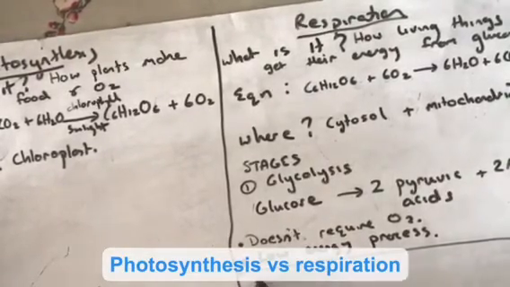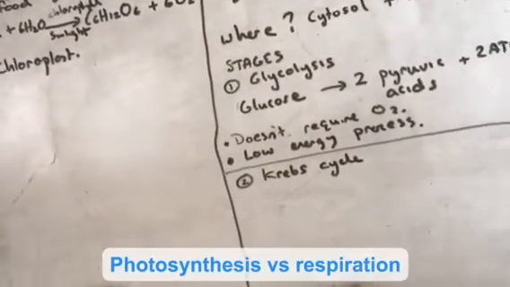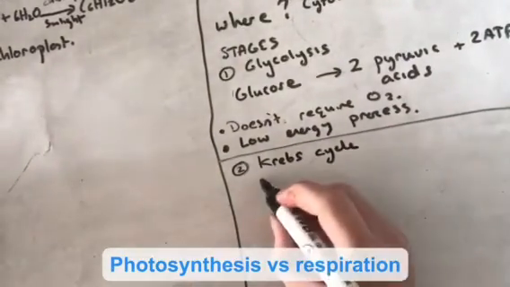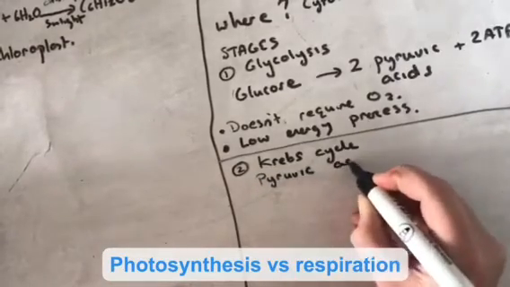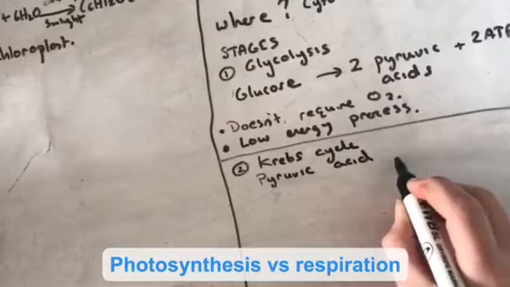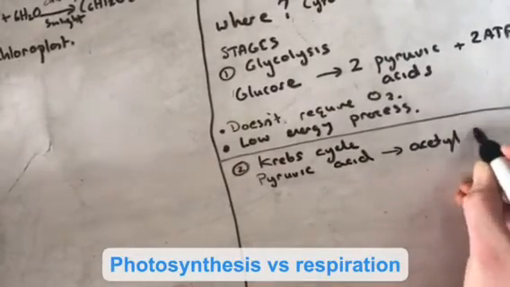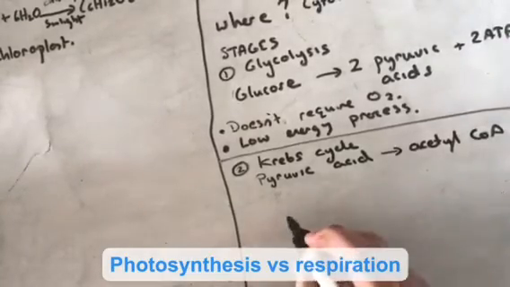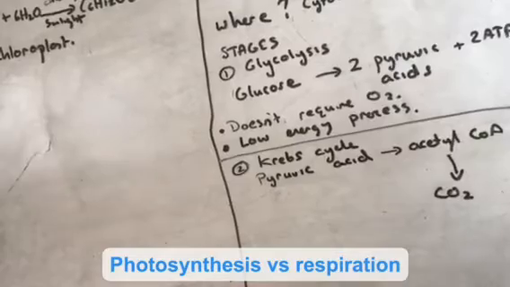Second stage is your Krebs cycle. Here, girls, this is where your pyruvic acid, that 3 carbon molecule, further gets broken down into a 2 carbon molecule, which is your acetyl coenzyme A, which then further gets broken down into CO2. Now what happens here, girls?